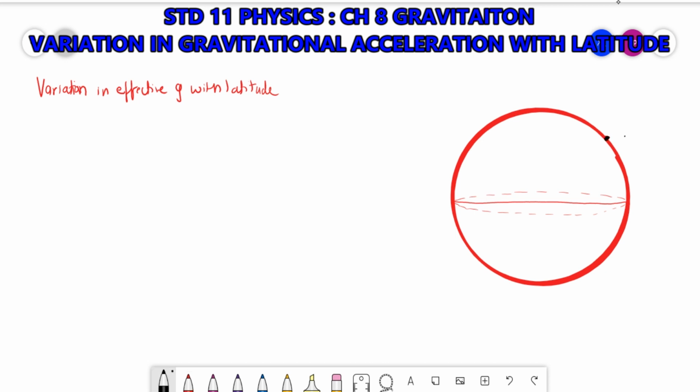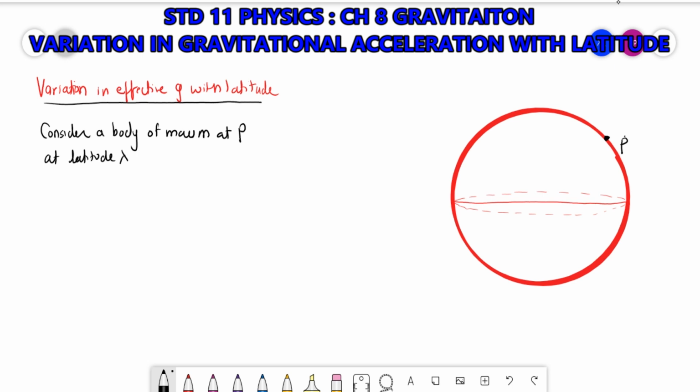Consider a body of mass m at P. It is located on the surface of the Earth at latitude lambda. So if I take the effective latitude, if I take this as the latitude at point P.